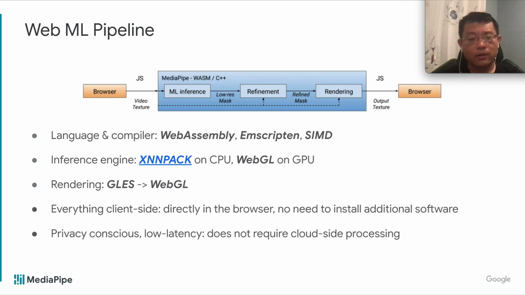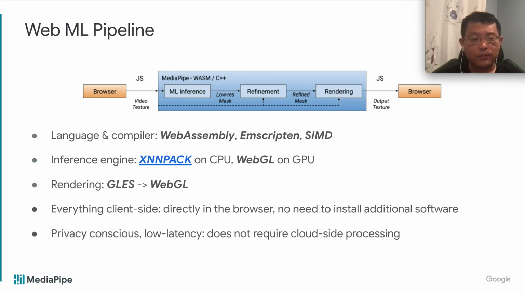We compile our code to WebAssembly by Emscripten. WebAssembly is a low-level language that runs in native speed on web. Emscripten provides the toolchain for compiling C++ to WebAssembly, and SIMD is a technique for data-level parallel processing. I will come to some details later.